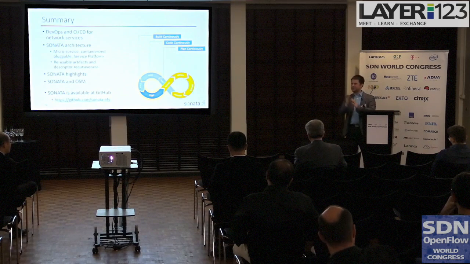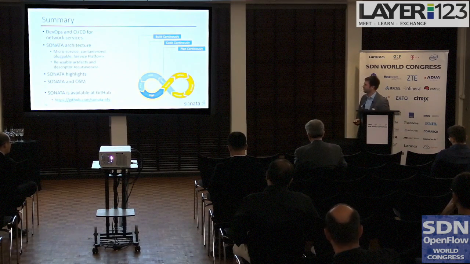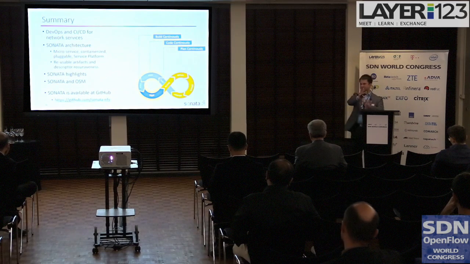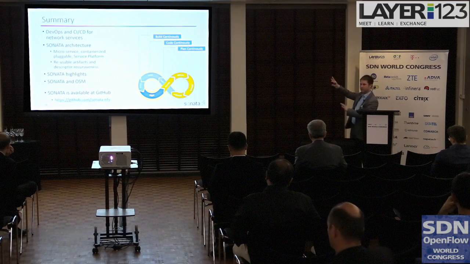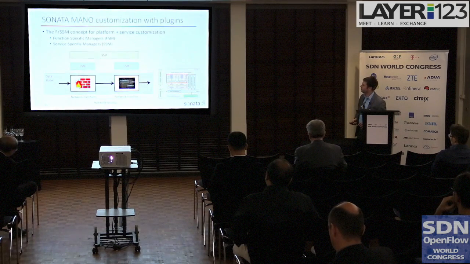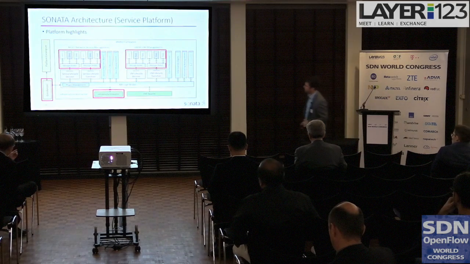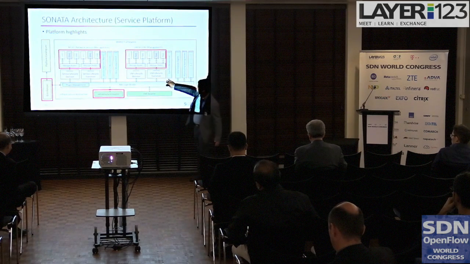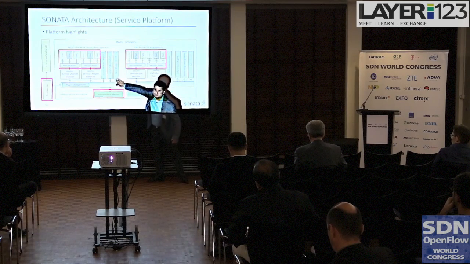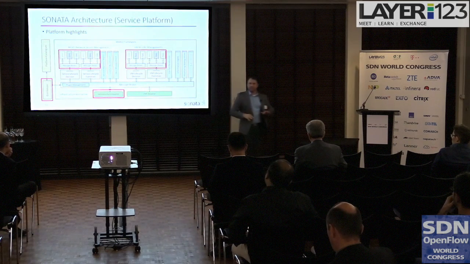The separation is not that clear, right? But you can map it to the ETSI thing. It's just a different way of showing it. So here we have the VNFM part and the NFVO part. So we do have that separation.